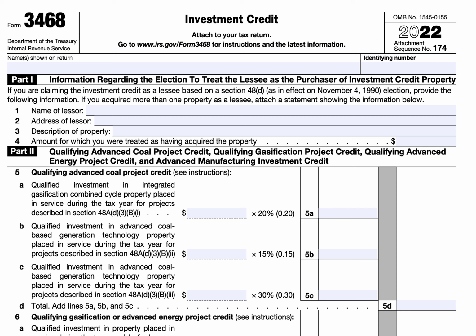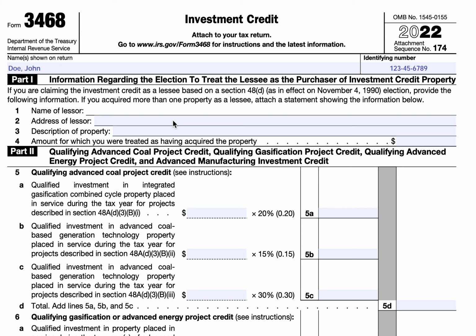Let's go through this investment credit form with our hero, John Doe. In part one, we would complete this if we were claiming the investment credit as a lessee.